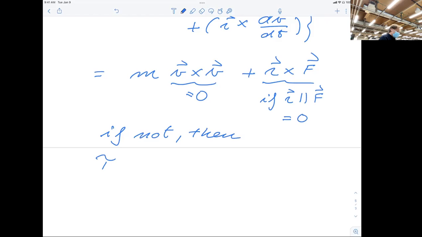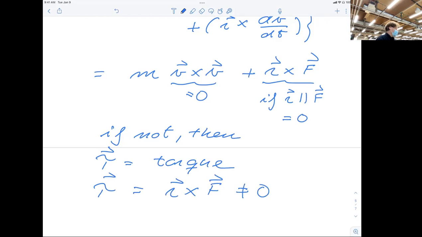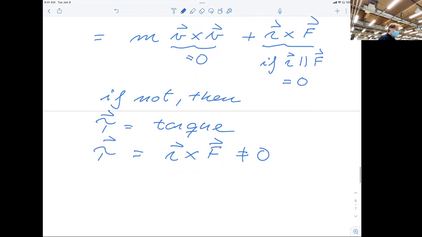So then we have defined the torque. So this is actually equal to the torque of the system. And this tau is given by r cross F. And if this is different from 0, then angular momentum is not conserved.